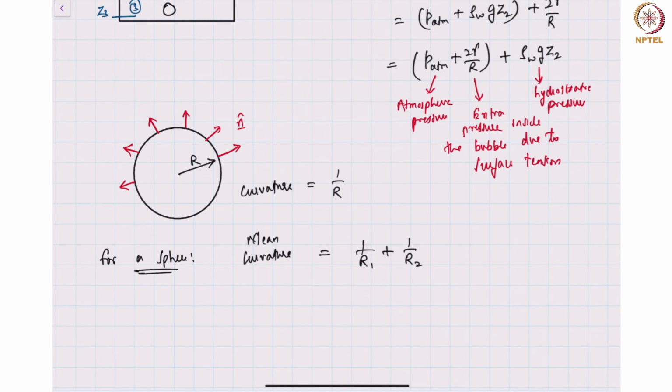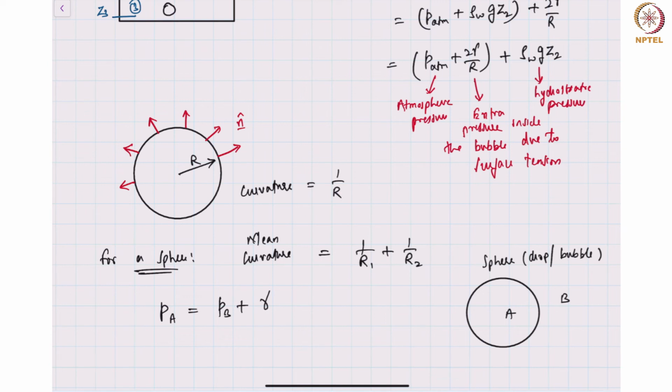So for a sphere, if you think of a spherical ball like this, a drop or a bubble, with regions A and B, then PA is equal to PB plus surface tension times the generalization of what we saw as 2 by R. Instead of 2 by R, the generalization would be 1 by R1 plus 1 by R2.